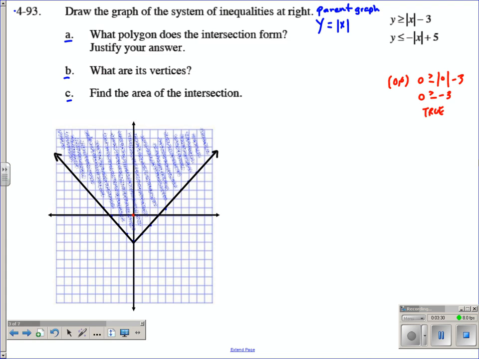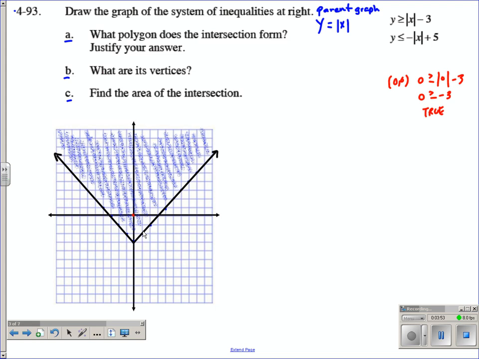Next part here, let's graph our other function. So we've got y is less than or equal to the opposite of the absolute value of x plus 5. When we look to graph this one, let's think about plotting our points, and let's use green because we already put that red point on there. Remember, this is like our k, so it's going to move it up 5 units.